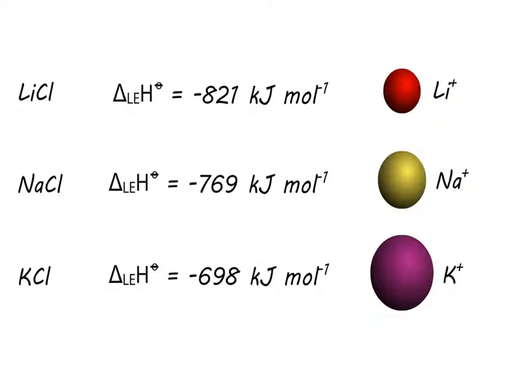This is because smaller ions compact closer together in the lattice and thereby form stronger ionic bonds. If we think about it, the reverse of lattice enthalpy is the enthalpy change when we break the ionic bonds. Therefore, the more exothermic the lattice enthalpy, the stronger the ionic bonds.